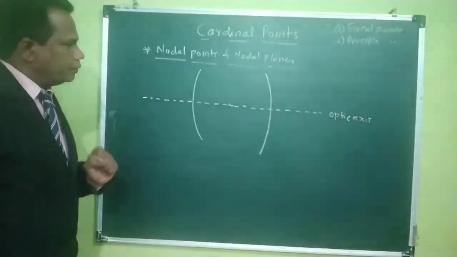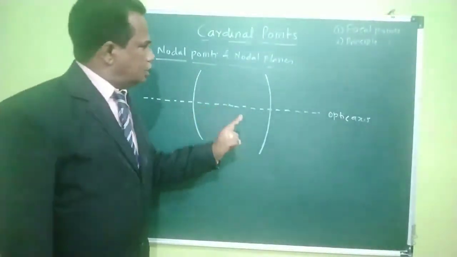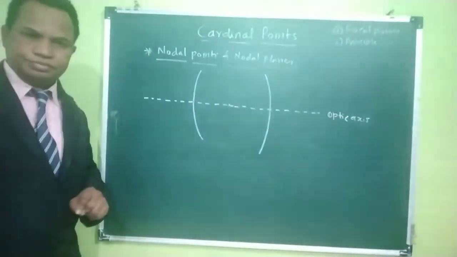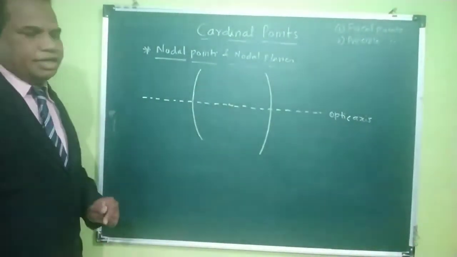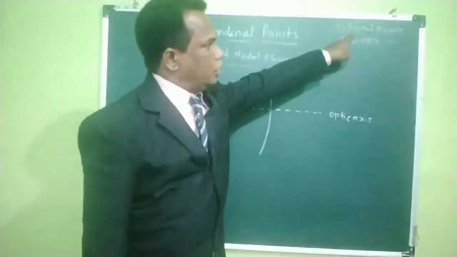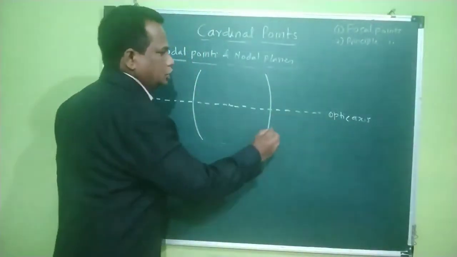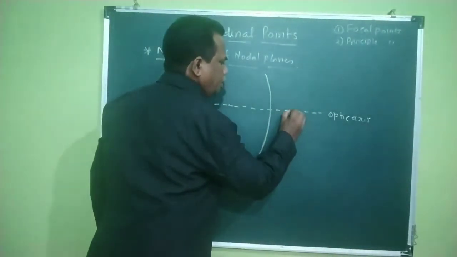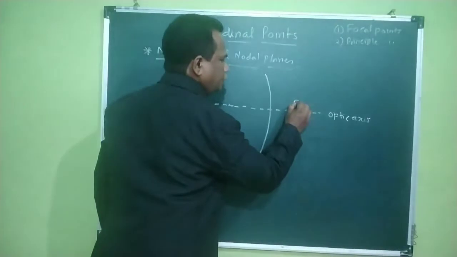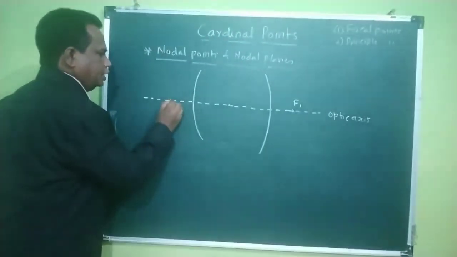Now, to consider the nodal points, first of all, revise: there are two focal points. You know the properties of focal point 1. This is focal point 1, and this is focal point 2.